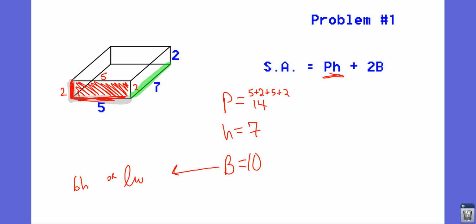All right, so now all we have to do is plug these things in. 14 times our height of our prism, which is 7, plus 2 times the area of the base, which is 10. We had 1 in the front and 1 in the back. That's why we're multiplying it by 2. 14 times 7 is 98. There's your lateral surface area.